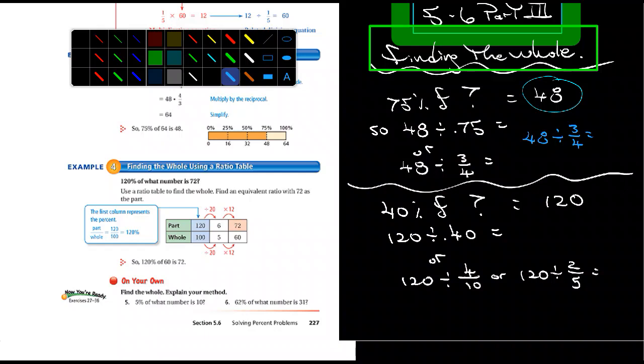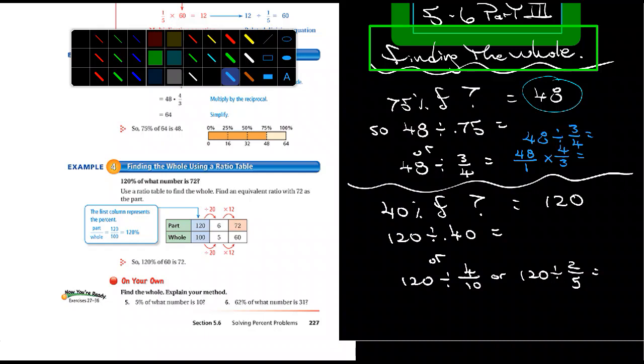Keep it as 48, which actually would be 48 over what? 1. Change it to? Multiplication. And flip it to? 4 over 3. That's the other way you could solve these problems. Change it into a fraction, do the keep, change, flip.